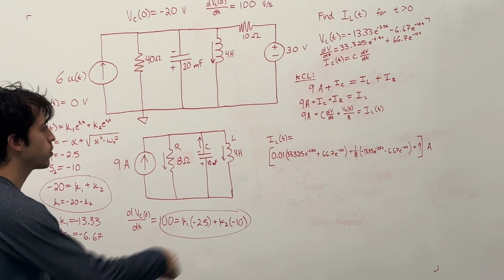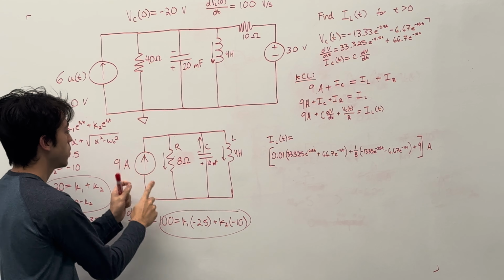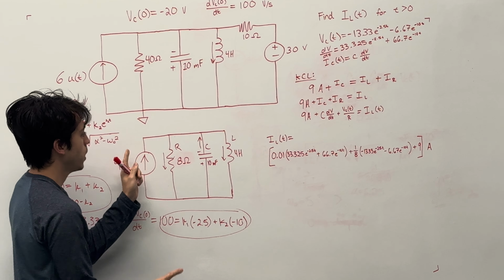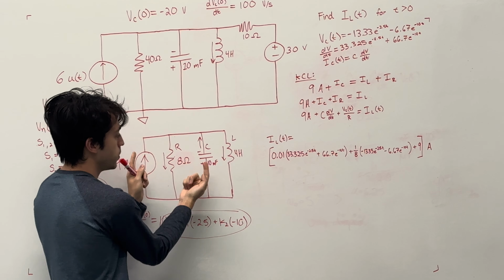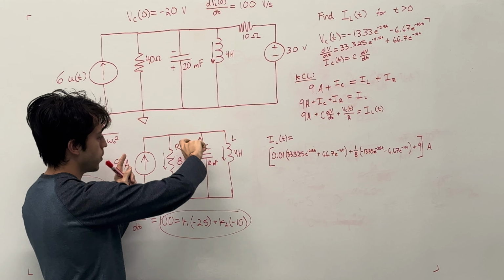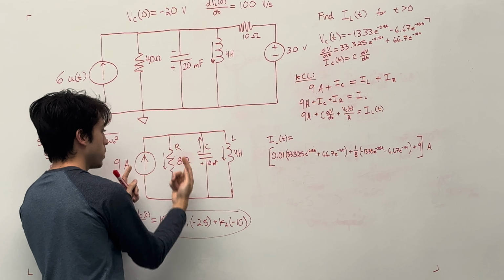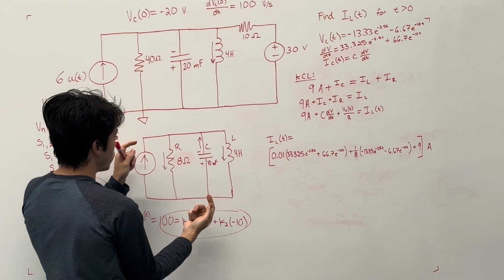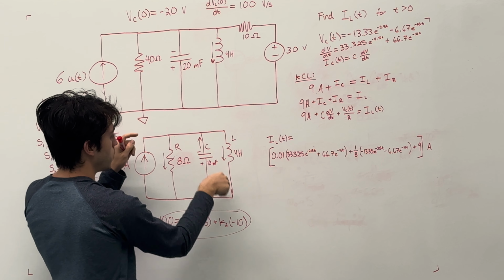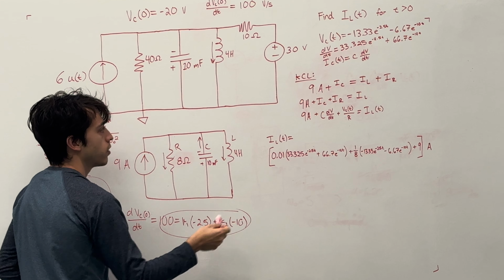So starting with KCL, we have on this top node 9 amps going in and IC going in, because in the problem it said that our capacitor orientation was with the negative side up, so current through the capacitor will be going this way. Current for the resistor and the inductor going down.